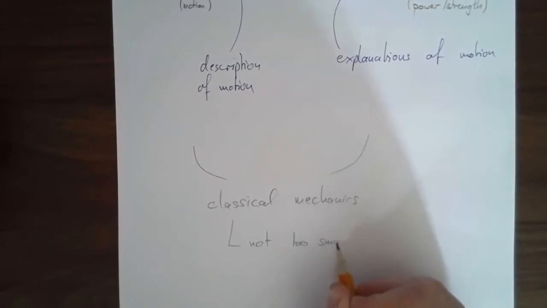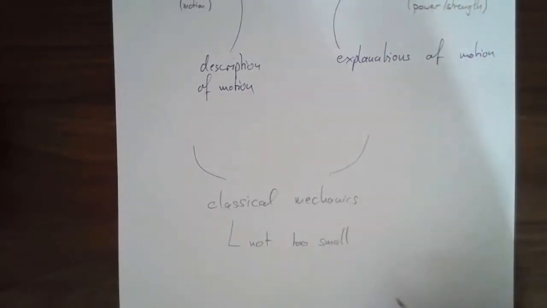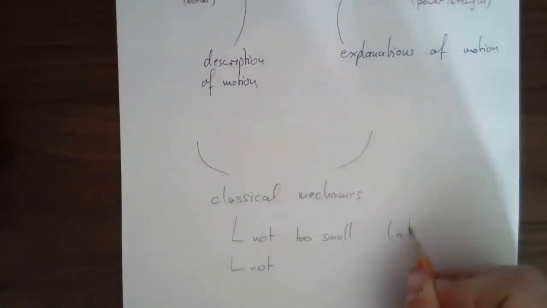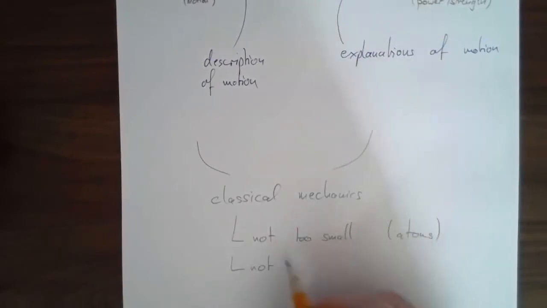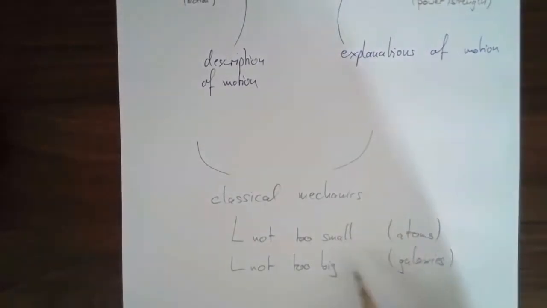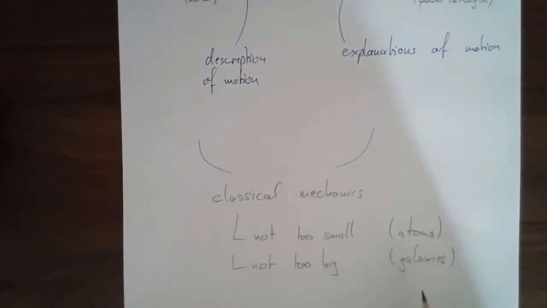So the objects we're dealing with are not atoms. This isn't a good description of how atoms work. It's not too big. It doesn't really work on the scale of galaxies either. You can tell that there's a big range of stuff in between. Anything from bugs to people to cars to planets, right? Classical mechanics is a good description.